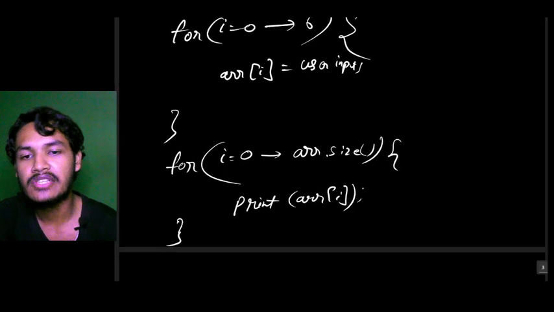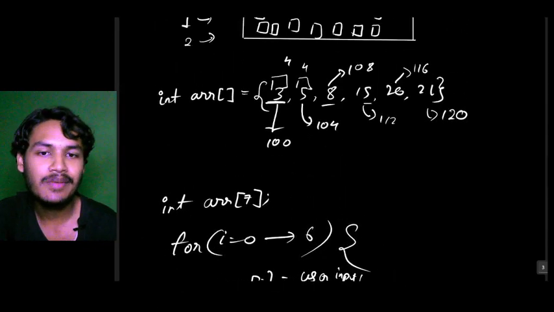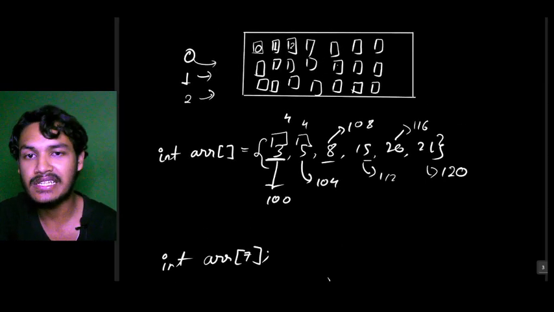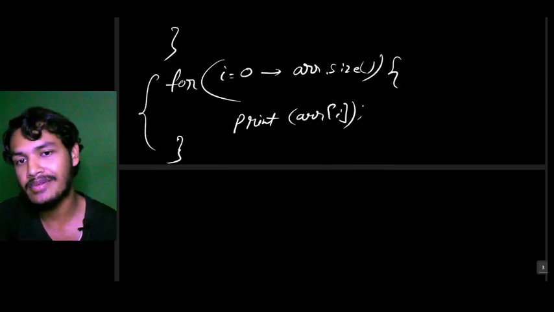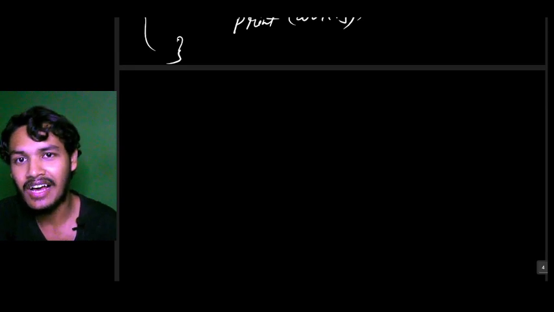So in this way you can print the elements of the array. All right, so I hope you have understood what an array is and why we use it. In the next video we will solve an example, so let's solve an example in this video only.